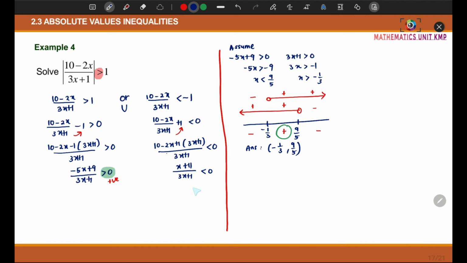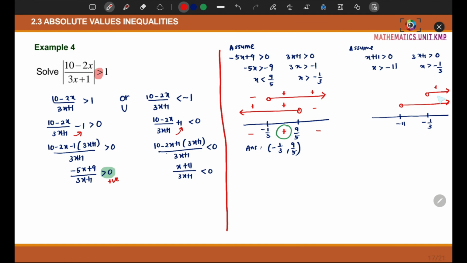Okay, second part of the inequality. Assume x plus 11 greater than 0 and 3x plus 1 greater than 0. So solve: x greater than negative 11 and x greater than negative 1 over 3. So use the positive number line method. Negative 11 and negative 1 over 3. So x is greater than negative 11, to the right, and x greater than negative 1 over 3.